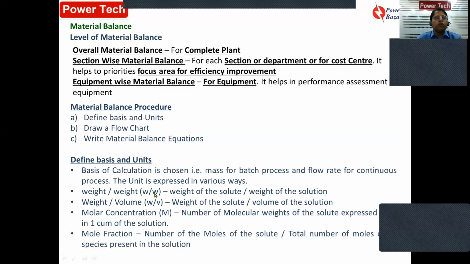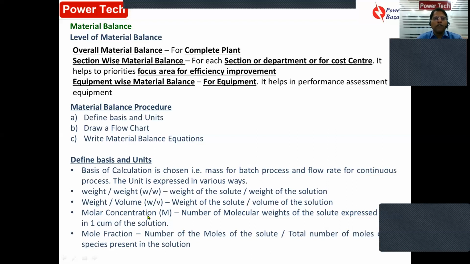That is known as W by W. Then weight by volume, W by V: weight of the solute with respect to volume of the solution. Then molar concentration, M. M means the number of molecular weights of the solute expressed in kg in 1 cubic meter of solution.